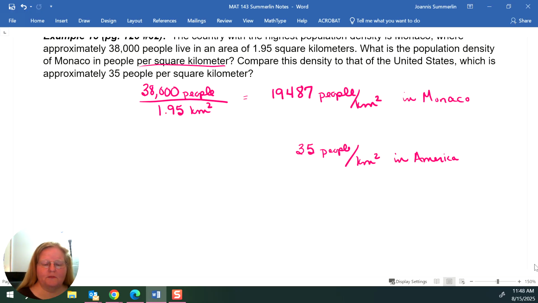They want us to compare the density. What do you think? This compared to that. Having that many people compared to this many people. Is it more dense or less dense? Would you rather have that many people in that area or this many people in that area?